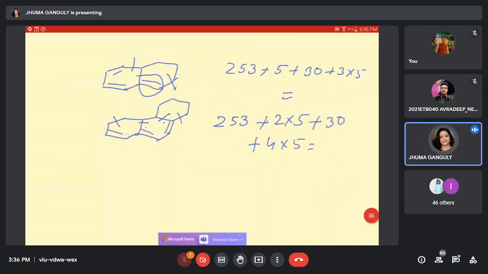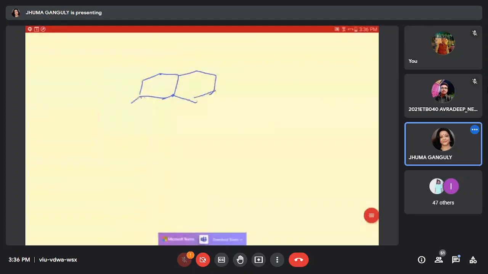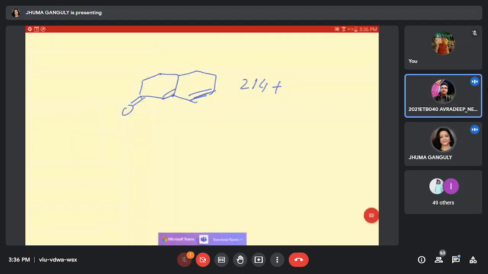One is ortho-nitrophenol and another one is para-nitrophenol. Which one is more polar? Para is the right answer. Why? Because of the ortho effect. Ortho effect, what is it? Tell me clearly.